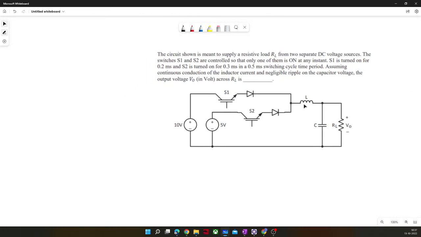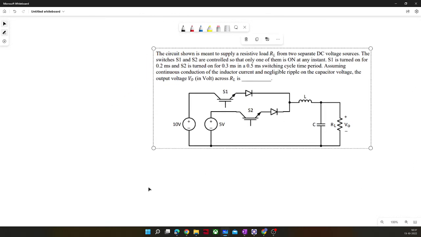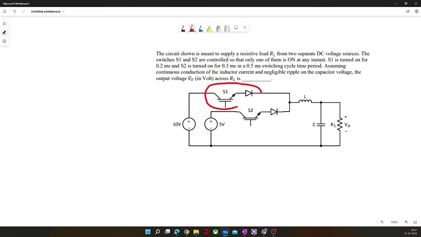So you can see here we have two sources and two switches. Before doing anything, I will first identify this switch as H1 and this as H2. This was also asked in 2015 for 2 marks.